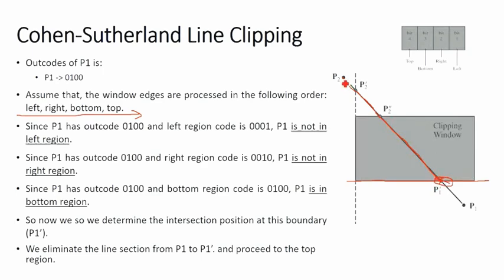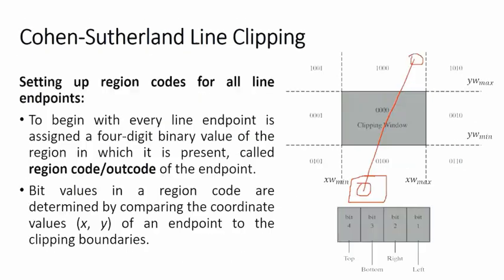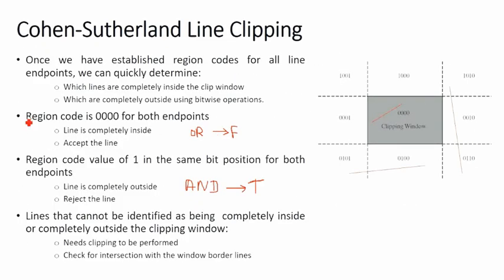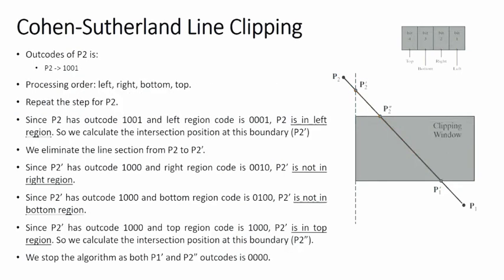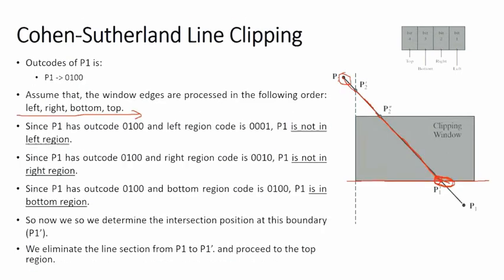Once I take my line as this, again I'll compute the outcode of this point and perform step 1 again. That is this. See, OR of these 2 points will give me false, or AND of these 2 points will give me true. If it doesn't, then I'll calculate intersection by considering one of these 2 points again.